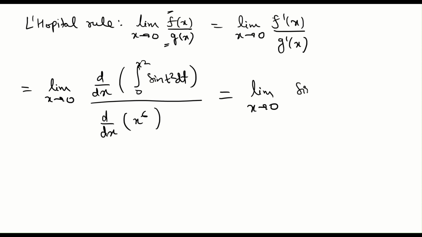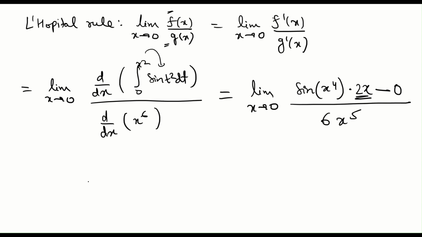So we will get sine of upper limit, that is x square whole square, which is x raised to the power 4, multiplied by the derivative of upper limit. Derivative of x square is 2x, minus, if we repeat the process with the lower limit, which is a constant number 0, we will get 0, divided by the derivative of x raised to the power 6, which is 6 times x raised to the power 5.